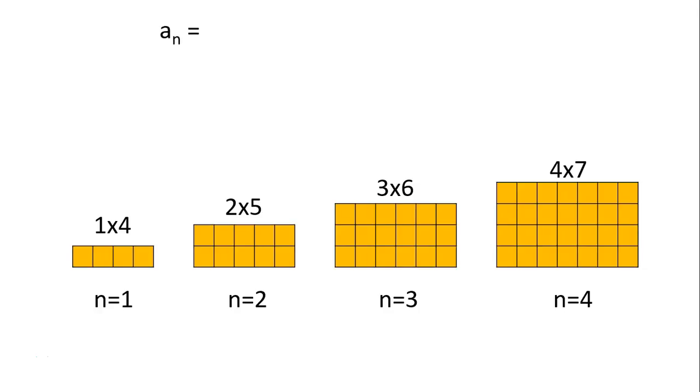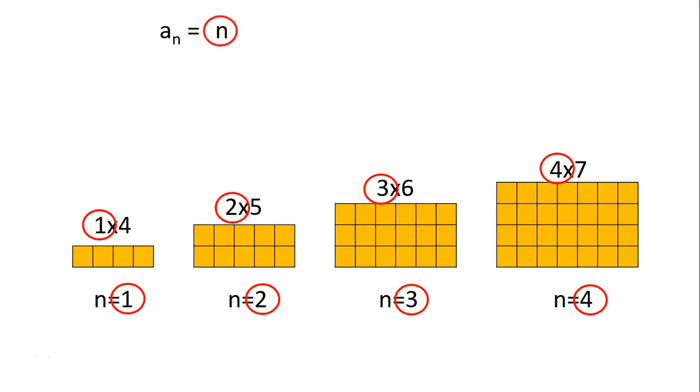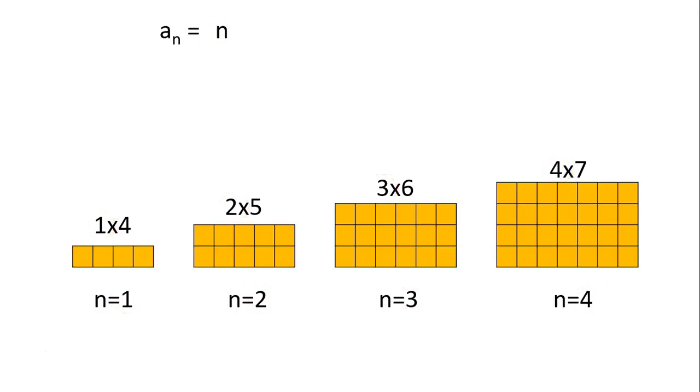So the first thing that we notice is that we can match up the position to the first factor in the product. So that means that the first factor in our nth term position has to be the same as the n that represents the position of that particular figure. The second factor has to relate to that position as well.